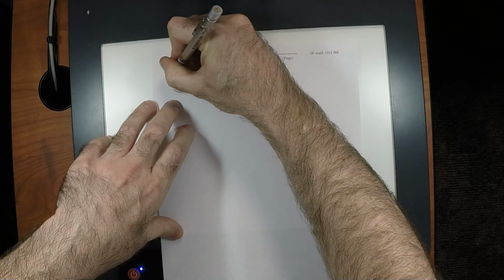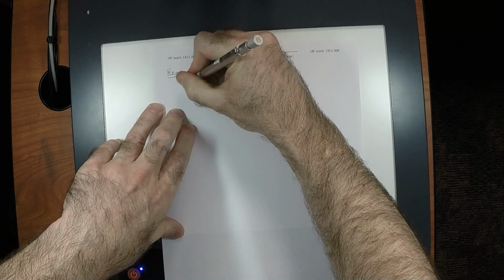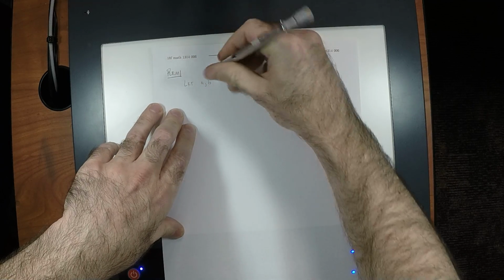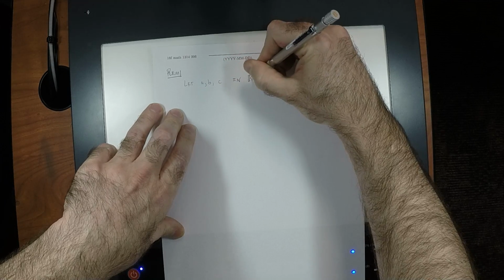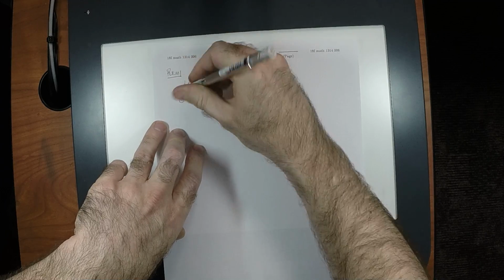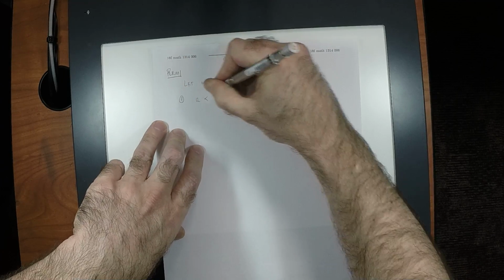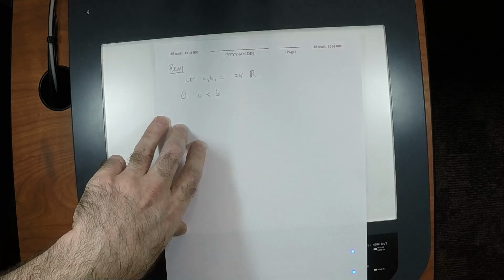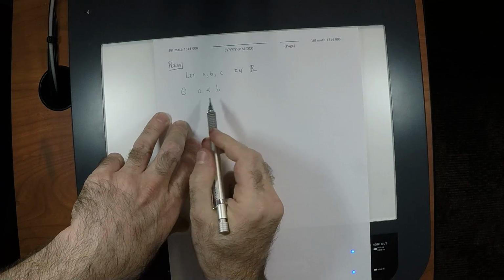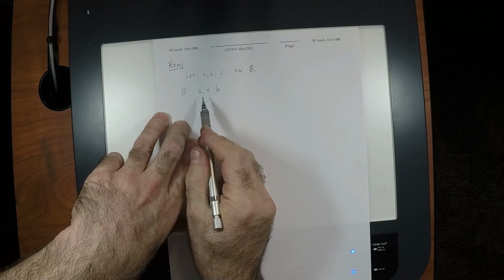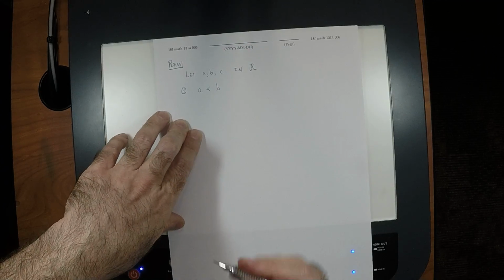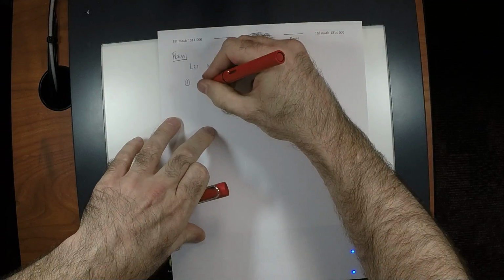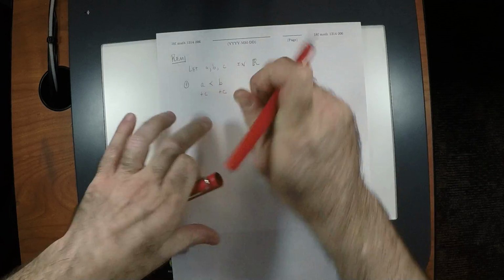So in particular, I could say let A and B and C be in the reals, then in the first place, we can have an inequality, like A less than B. And understand that I'm not making the statement that A is less than B. I'm just writing down an inequality. It might be false or true. But it is always permitted for you to add C to both sides, just like equations. You can always add or subtract the same number from both sides.